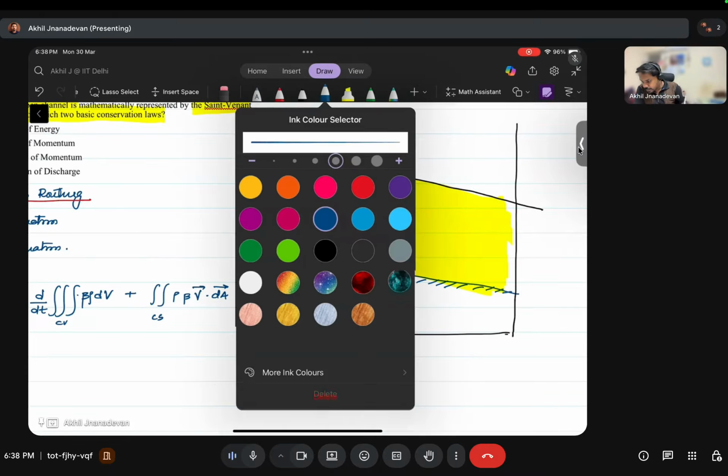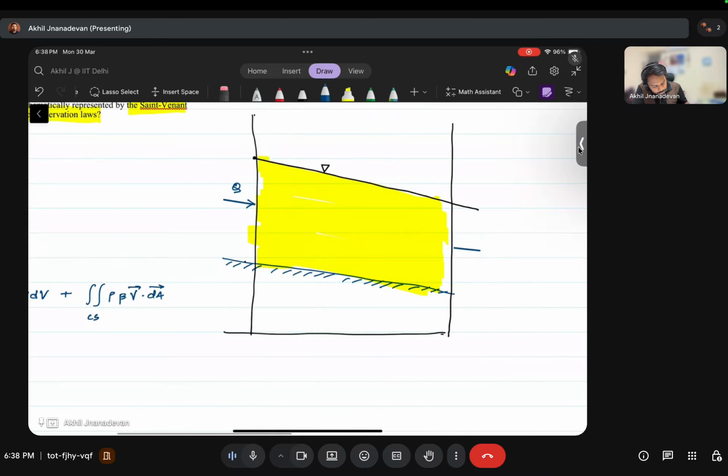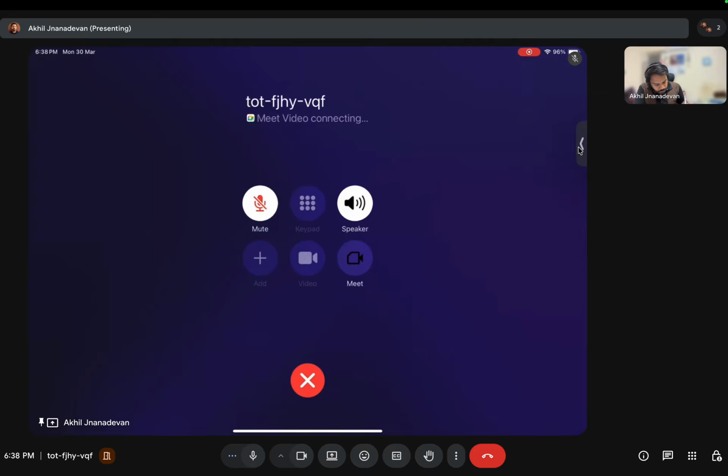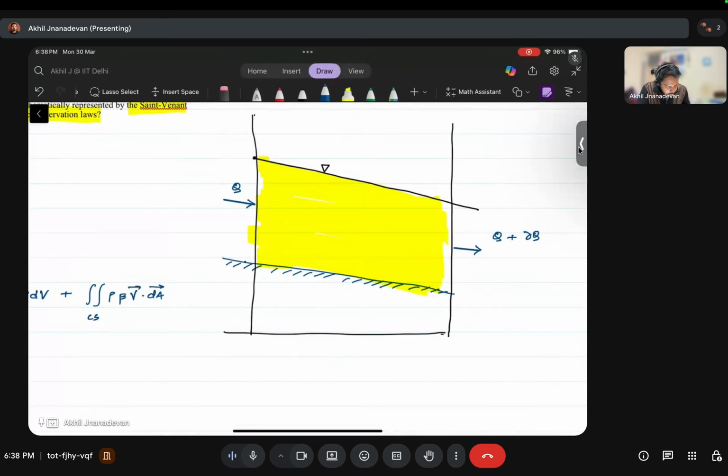It has an inflow Q coming from this side, and the outflow from this particular side will be Q plus dou Q by dou X into dx.